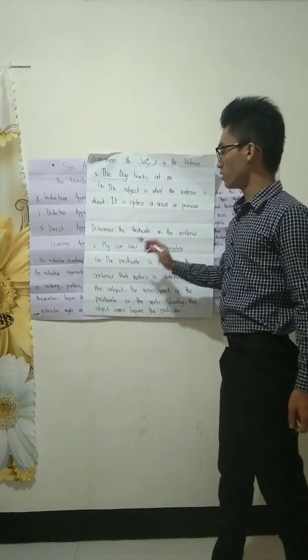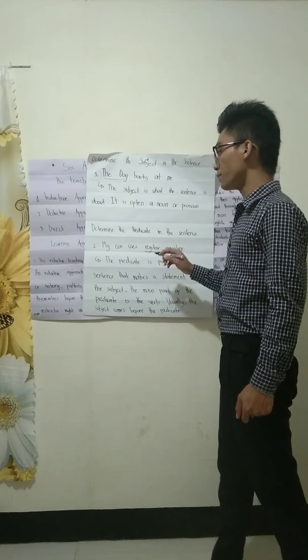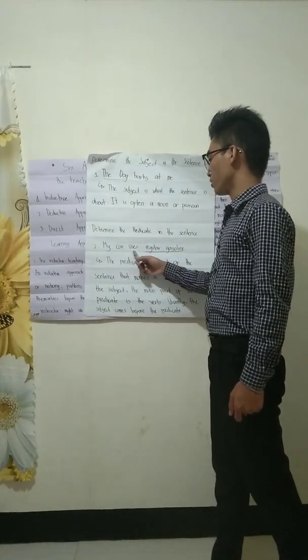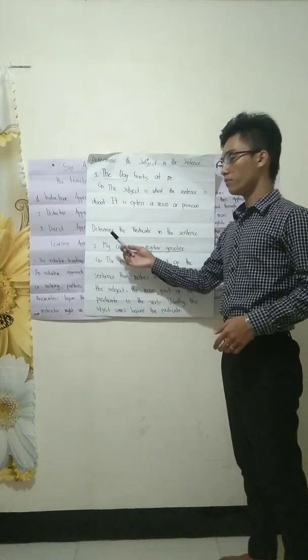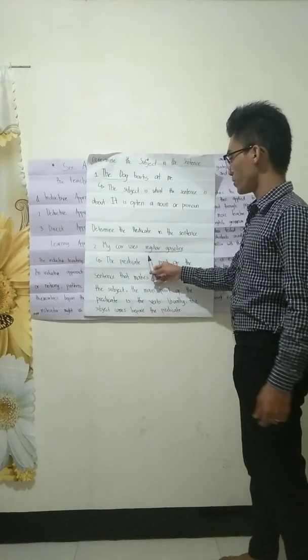So here, we can also determine the subject, and that is a car. My car. But we are talking about determining the predicate of the sentence. So, the predicate is regular gasoline.